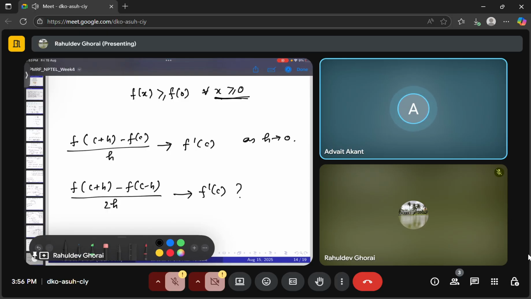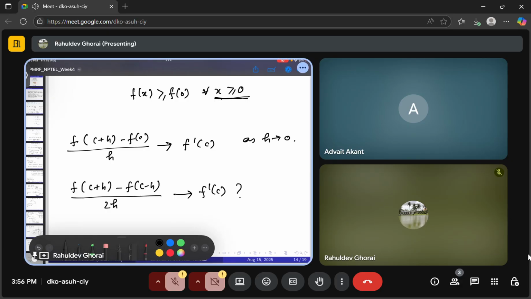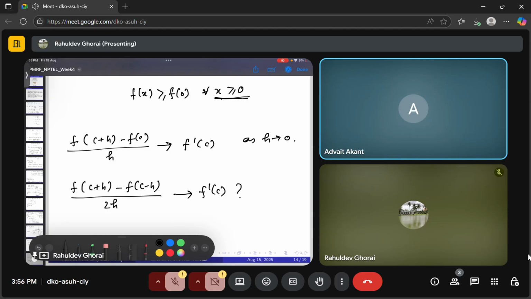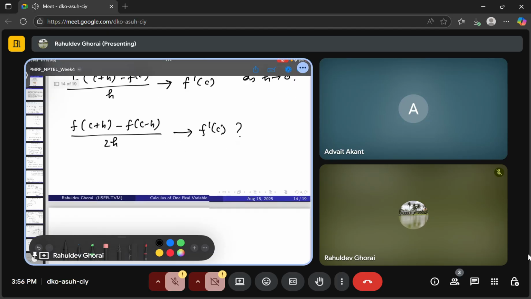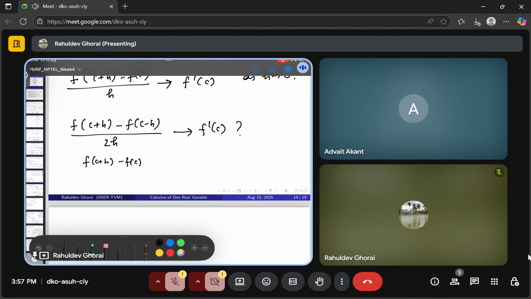Yes, we can add f(c) and minus f(c). Then we can split it. Exactly. So f(c plus h) minus f(c) over h, half times, plus half times f(c) minus f(c minus h) over h, right?